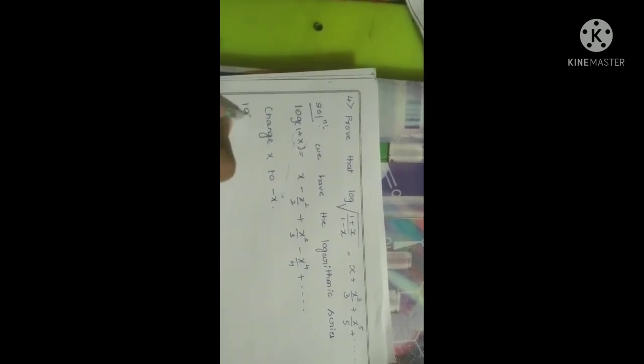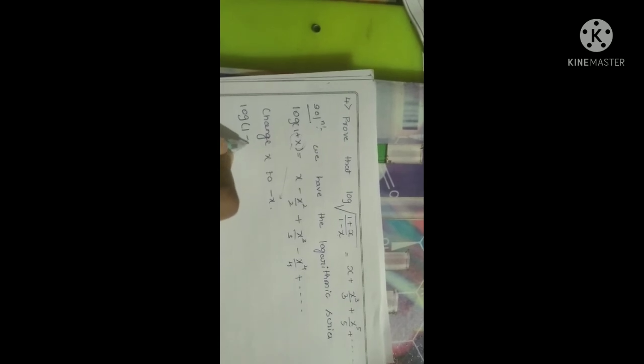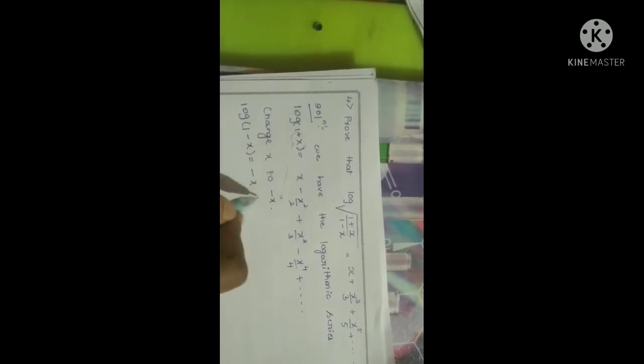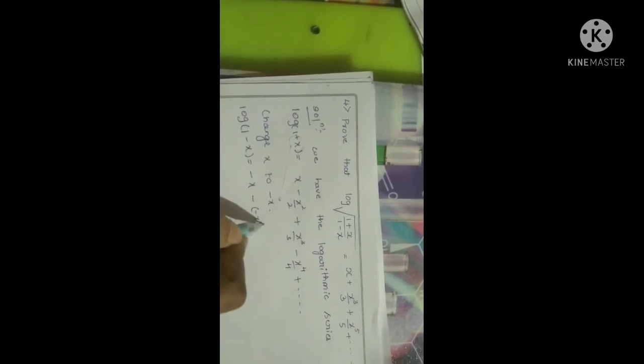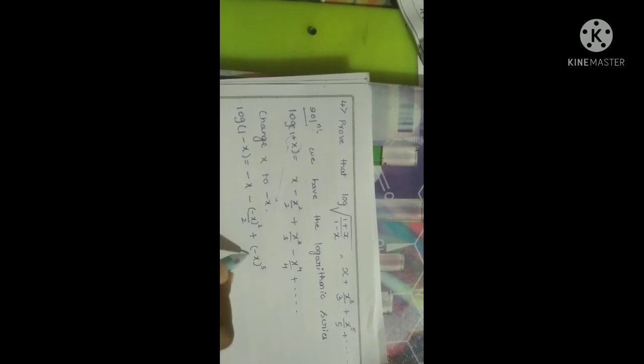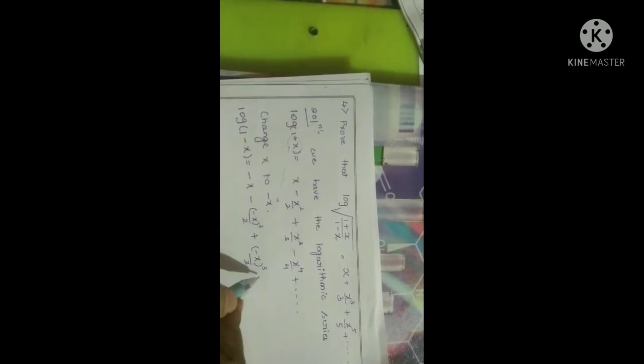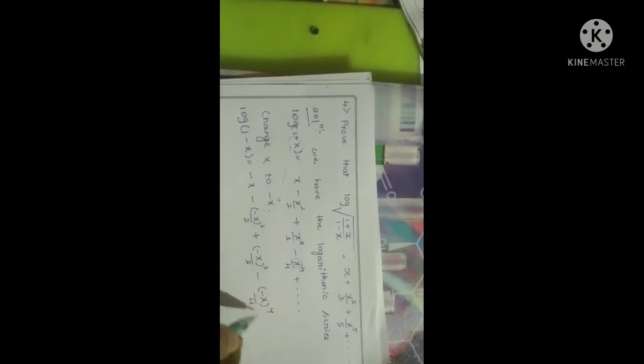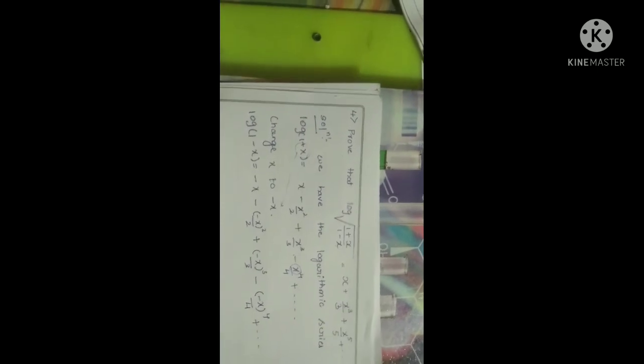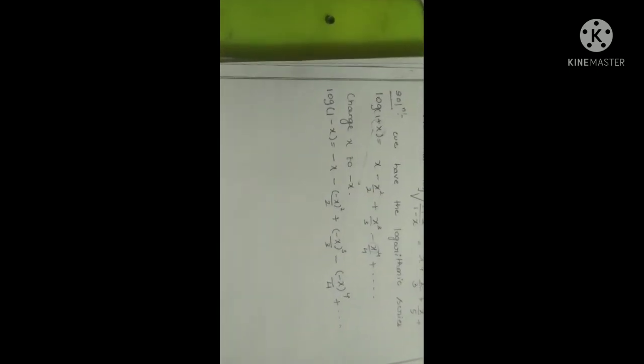So log of 1 plus x becomes log of 1 minus x equals minus x, minus sign as it is, minus x whole square by 2 plus minus x whole cube by 3, minus sign as it is, minus x whole to the power of 4 by 4 plus so on.